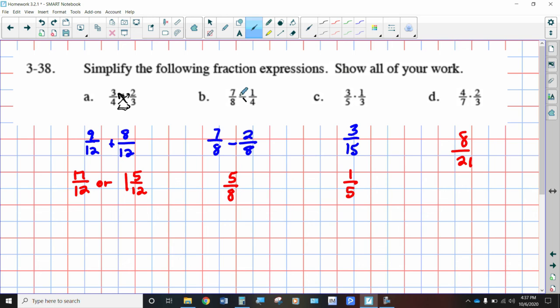Now, let's say you didn't notice that. What would we get instead? We would get 28 over 32 minus 8 over 32, which gives us an answer of 20 over 32. And you just need to simplify this fraction by dividing the top and the bottom by 4, and you will get the correct answer.